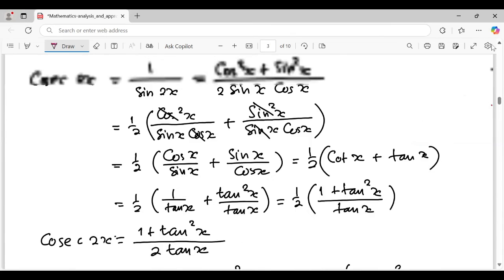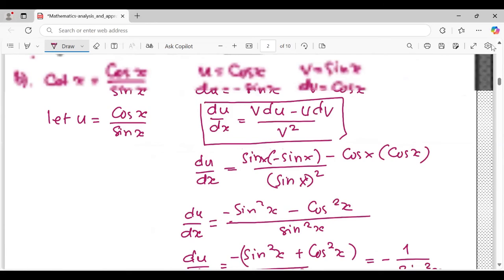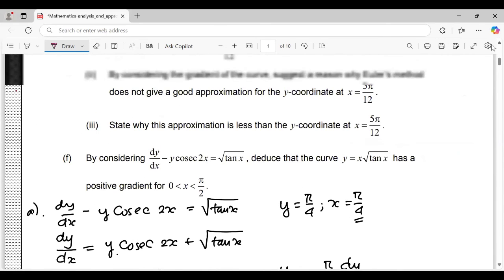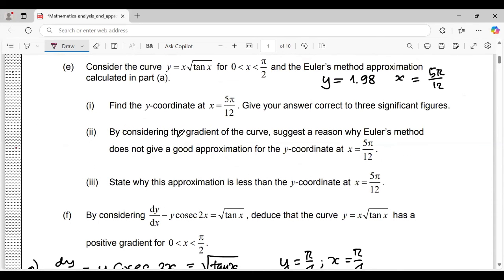Part E, part 2. The question: by considering the gradient of the curve, suggest a reason why Euler's method does not give a good approximation for the y coordinate at x equals 5 pi over 12. In part A, we already calculated y equals 1.98 when x equals 5 pi over 12.